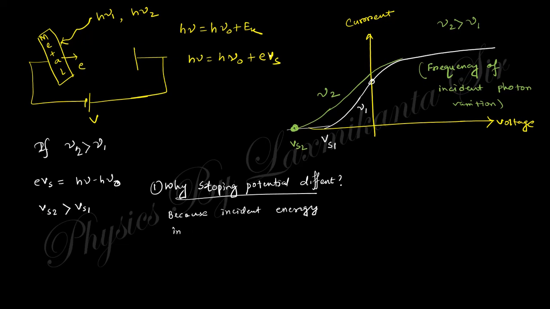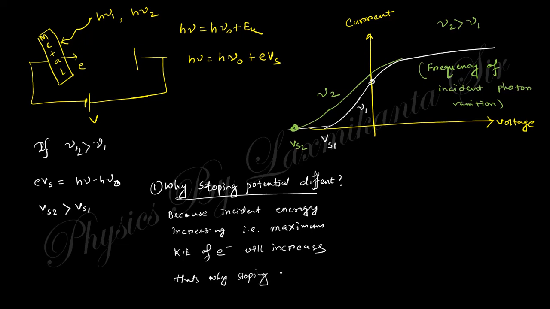Because incident energy increases, it means the kinetic energy is increasing, that is, the maximum kinetic energy of the electron will increase. Since the maximum kinetic energy of the electron increases, that's why the stopping potential increases. Clear? Okay.